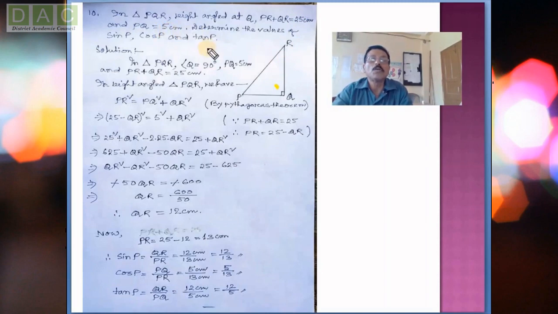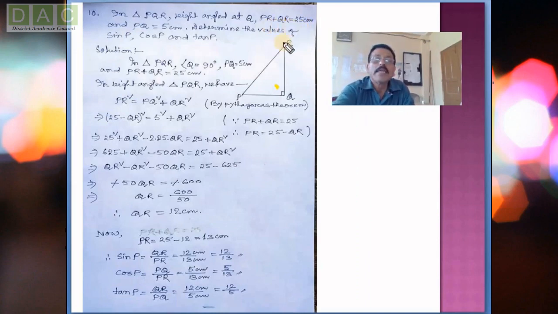So here write the solution. In triangle PQR, angle Q equal to 90 degrees, PQ is 5 cm and PR plus QR equal to 25 cm. Now in right angle triangle PQR we again have the Pythagoras theorem: PR² equal to PQ² plus QR². Now PR value is not given directly. So you see in the question PR plus QR equal to 25 cm.